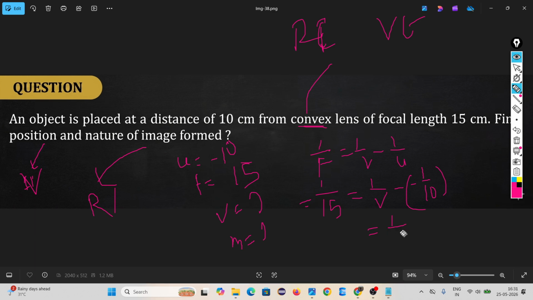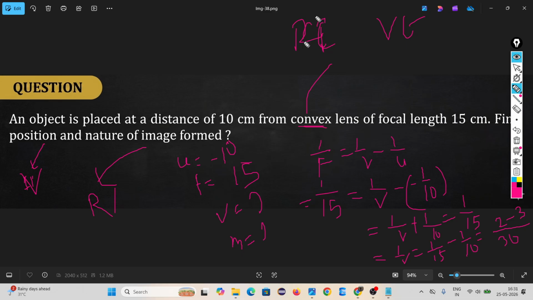Then 1 by v plus 1 by 10 equal to 1 upon 15. Then 1 by v equal to 1 upon 15 minus 1 upon 10. The LCM of 10 and 15 is 30. Then 2 minus 3.